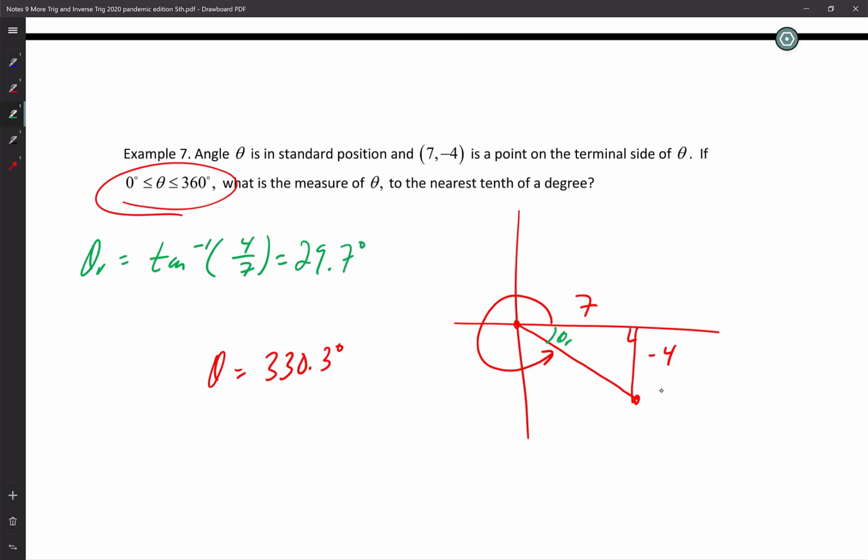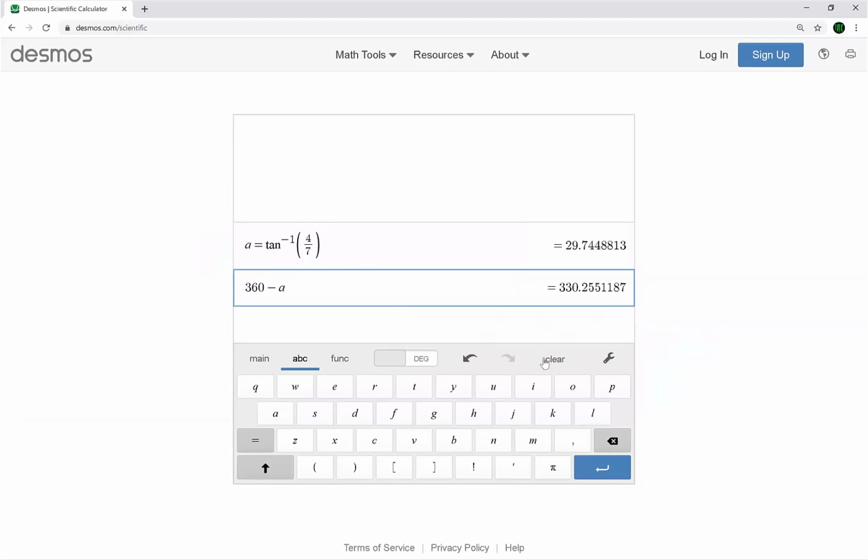Yes. Okay. So if I would have done arctan, I would have had to add 180 twice because I'm in quadrant 4. It would have given me the correct answer. It would have given me negative 29.7. So let's try it out really quick. If I would have done it on Desmos with a negative on the inside, so let me clear this one.